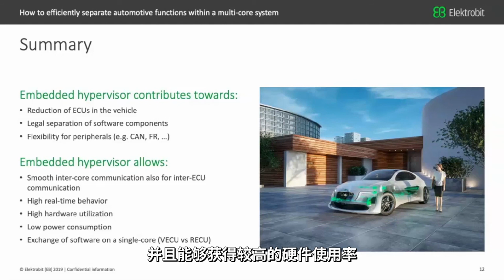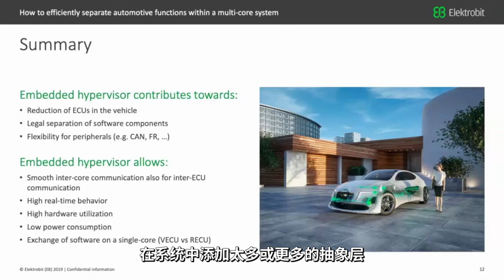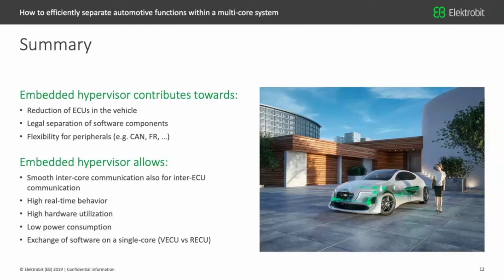I have high hardware utilization, since I don't have more abstraction layers put into my system than I already have with the AUTOSAR architecture. I could argue low power consumption. This is based on the microcontroller I'm using.